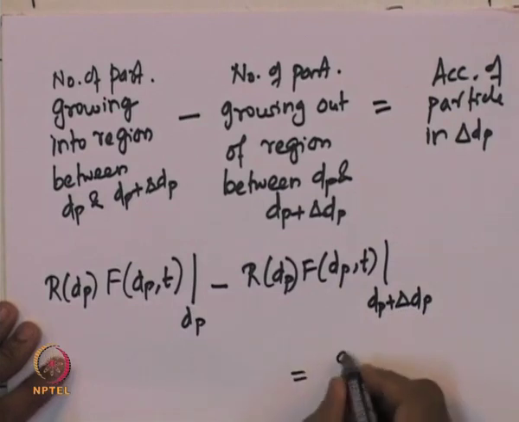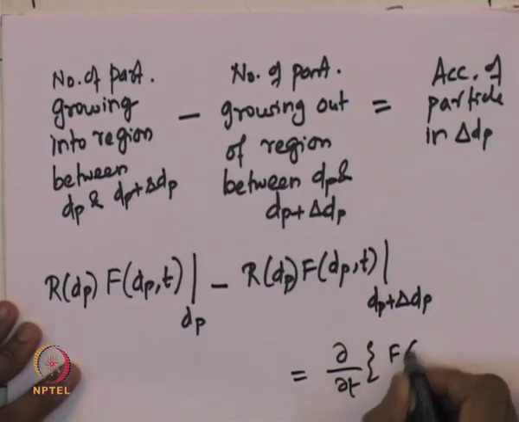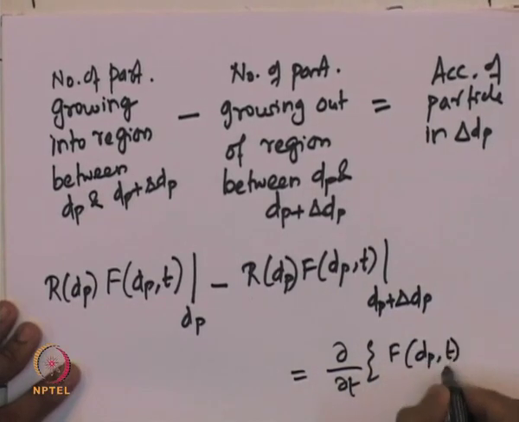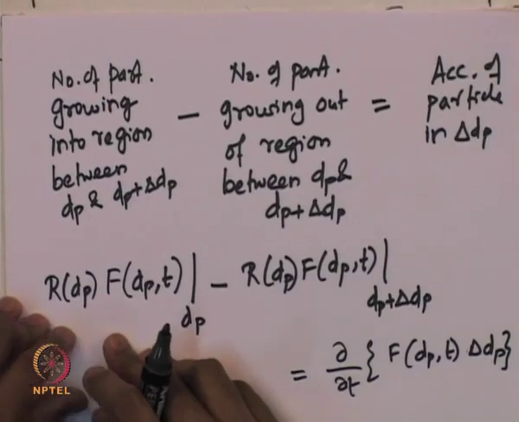That should be equal to d by dt of the accumulation of particles in delta dp, equal to f of dp comma t multiplied by delta dp. So, that is the rate at which particles are being accumulated in that small element.